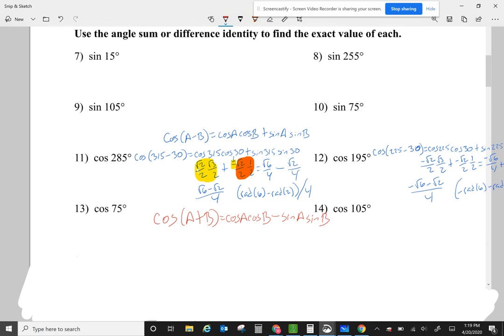All right, so I'm doing the plus sign now. So I'm thinking, all right, two numbers that I add equal 75. From the angles that I can choose, I'm going to choose 45 and 30. So for this example, I'm looking at cosine of 45 plus 30.